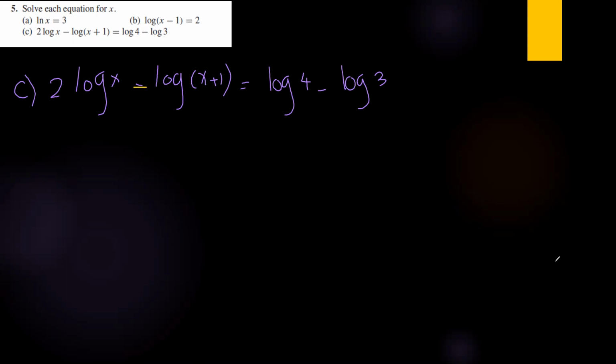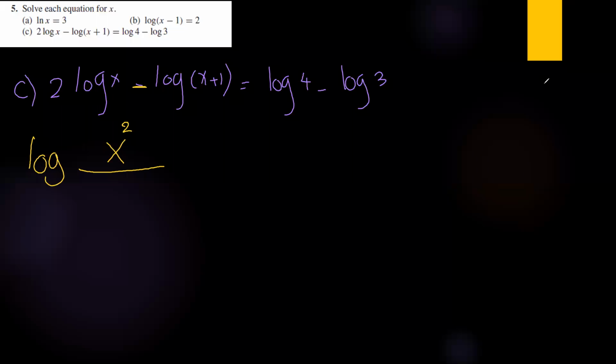Since we have a minus between the two logarithms, I will write logarithm, and this minus means divide. Now, 2 logarithm of x, which is x to the power 2, so it's x squared, and over, sorry, minus logarithm of x plus 1.